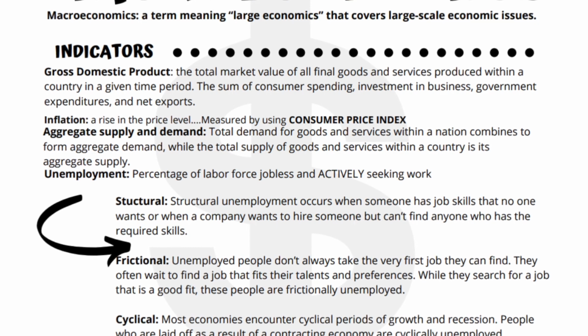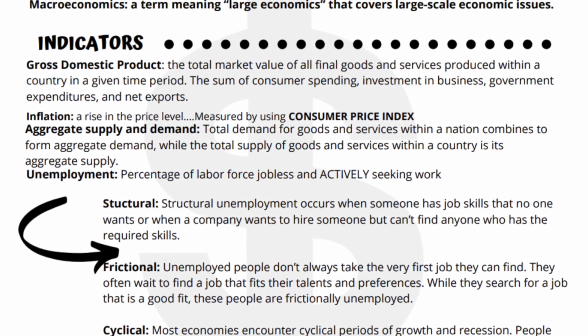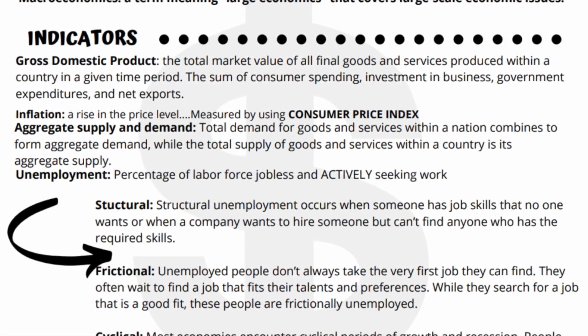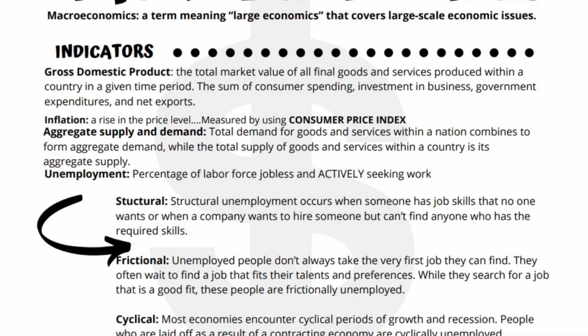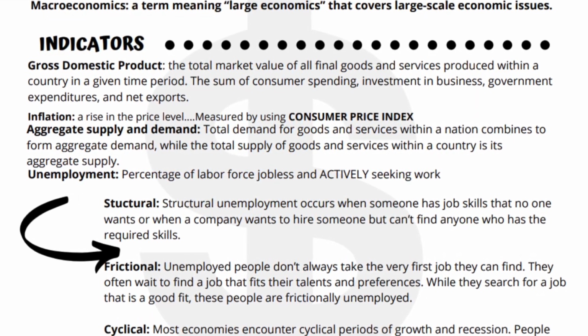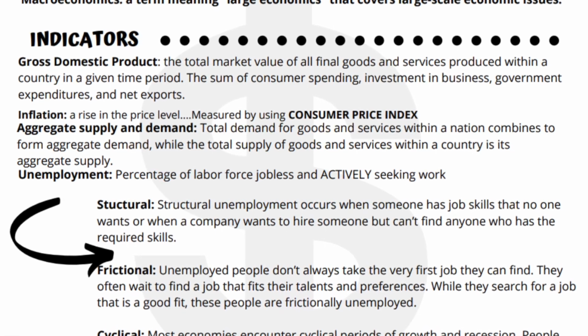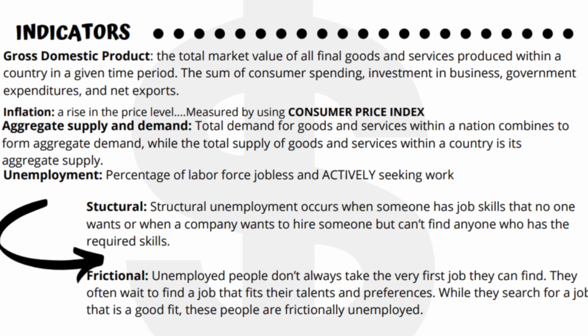Then you have inflation, measured by CPI, the Consumer Price Index. If you didn't get a chance to take a look at that video from our live meet, I went through some of those numbers for you. Make sure you understand that inflation means prices are increasing. Then we talked about aggregate supply and aggregate demand, but the other big one we always hammer on was unemployment. Unemployment doesn't just mean I don't have a job.